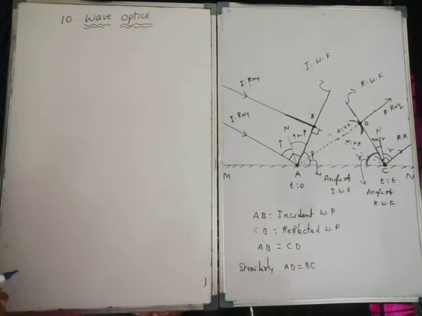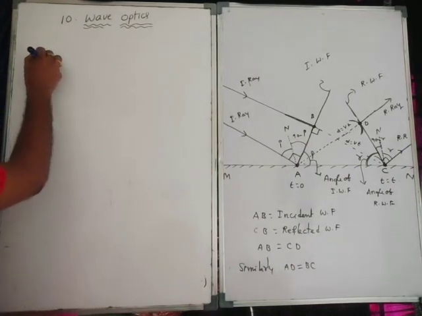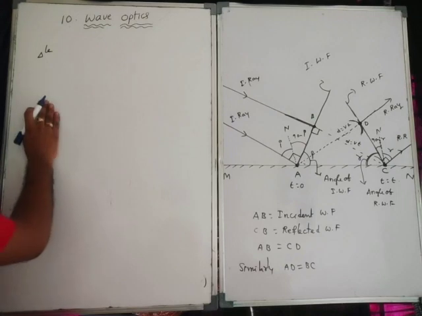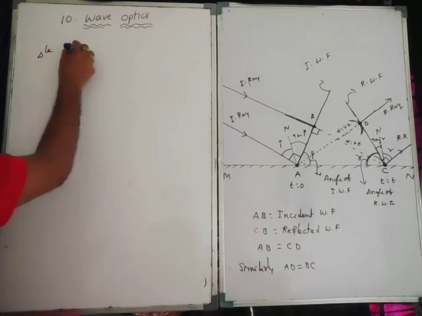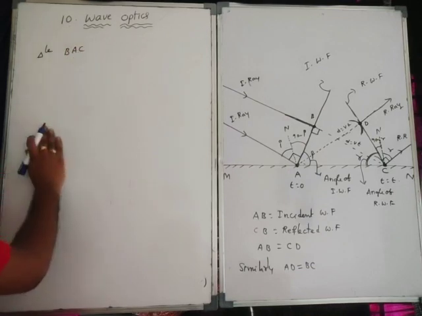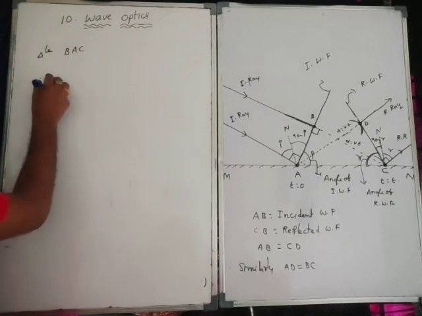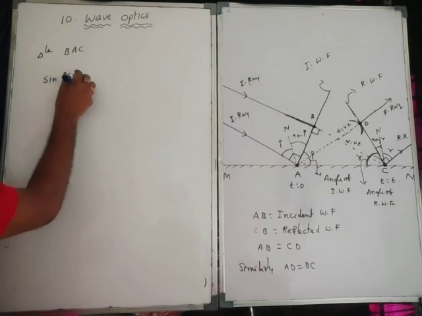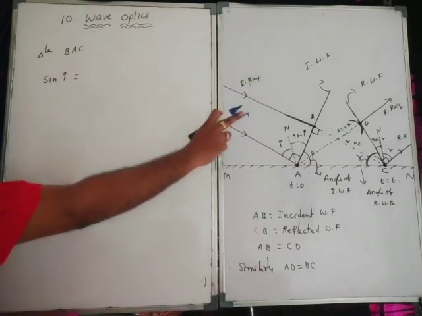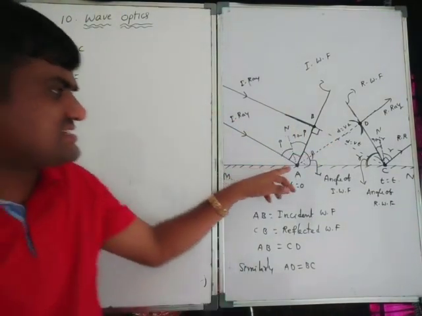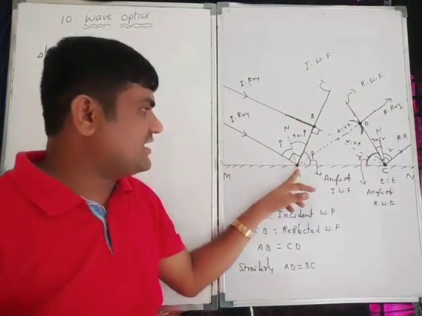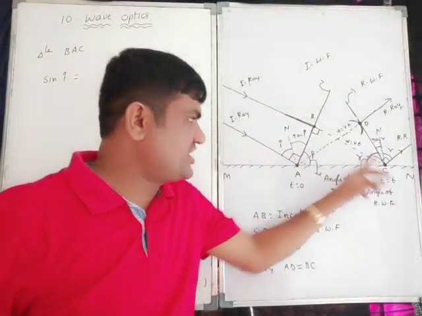So triangle ABC, triangle BAC. Okay, sin I is equal to opposite side by hypotenuse. This is the common hypotenuse of triangle ABC.